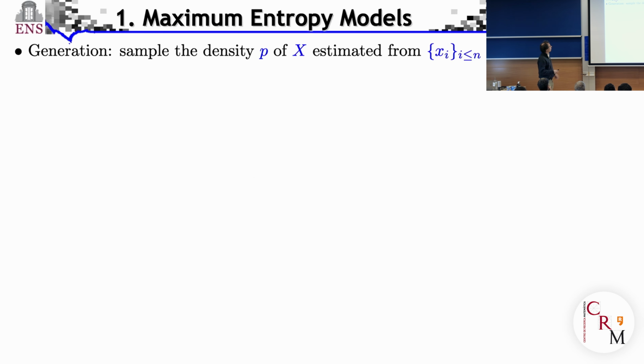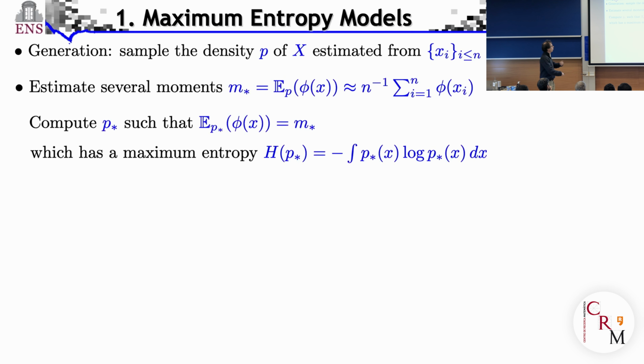So let me begin with the classical approach. The problem is to generate and sample a probability density of a random vector given n observations. Now, the way it has been approached in statistics, and that's since the work of Jaynes in the 1950s, is to say there is a certain number of observables that you can compute, which are moments, the expected value of some nonlinear function of your data, and that you can compute as an empirical sum from independent observations.